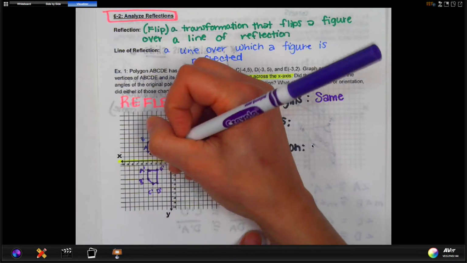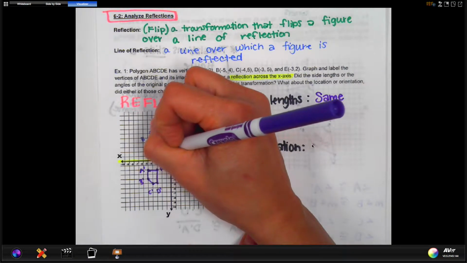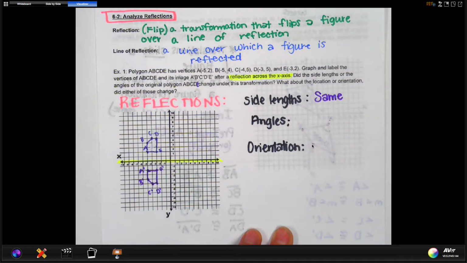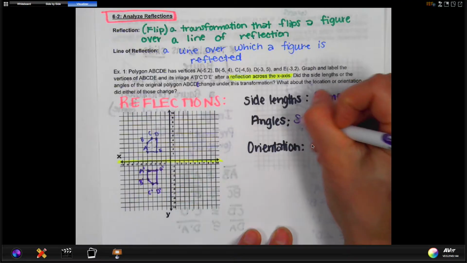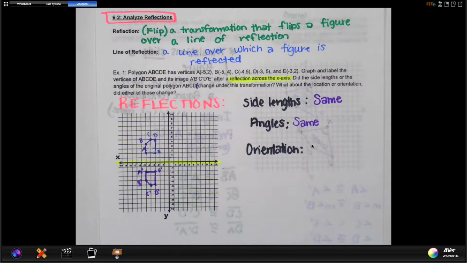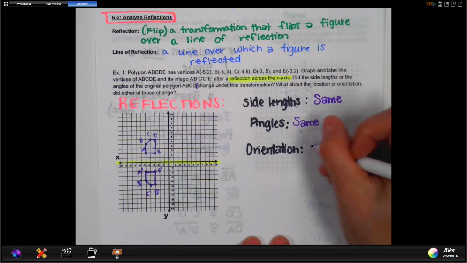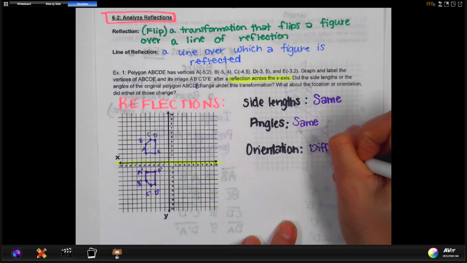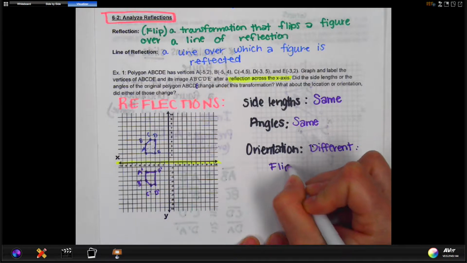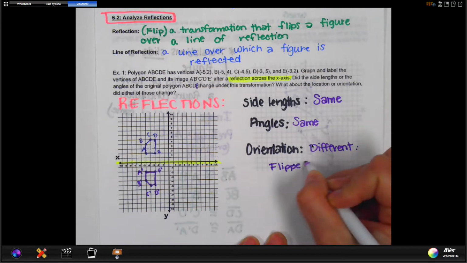The angles, as you see right here, E is a 90-degree angle, and E prime is flipped over and also a 90-degree angle. The angles are also the same. The orientation, or the direction in which it's facing, is not the same. That is different, and it is flipped over the line of reflection.